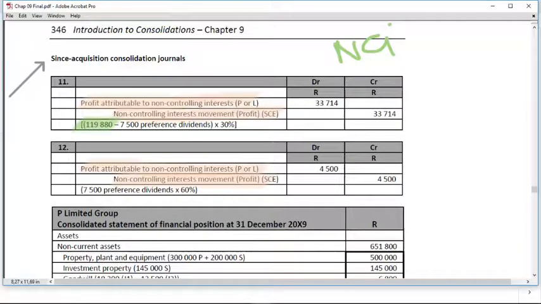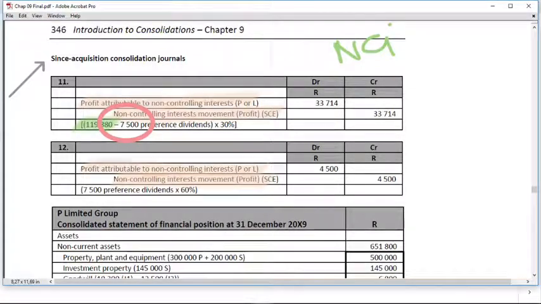Because we have preference shares, we always have to ask, who is that attributable to? And a portion of that since acquisition date profit of S is attributable to the preference shareholders, but not the full 10,000 Rand. The preference dividend accrues over time. At the acquisition consolidation journal entries, you've already attributed 2,500 of the total 10,000 dividend to the preference shares in the acquisition consolidation journal entry.